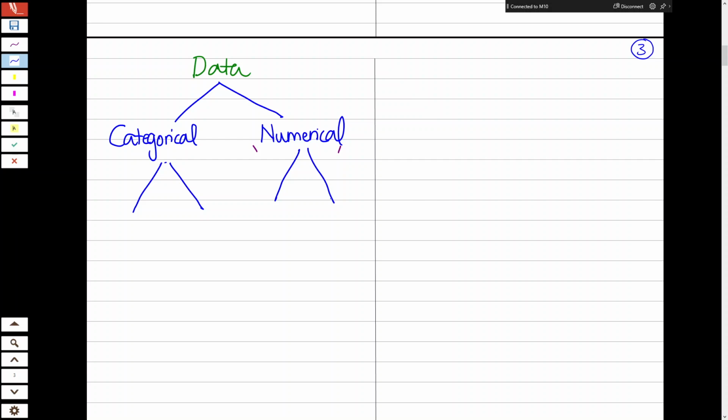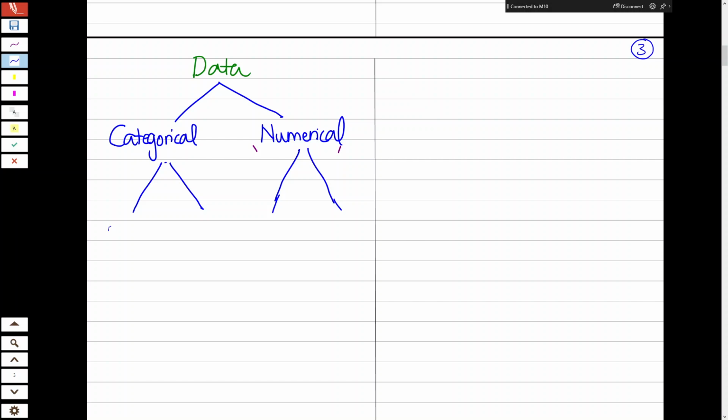Okay, there are 2 types of categorical data, 2 types of numerical data. We need to know these. Discrete, continuous, ordinal. Great. Was that from the book? I mean, you had the book open.